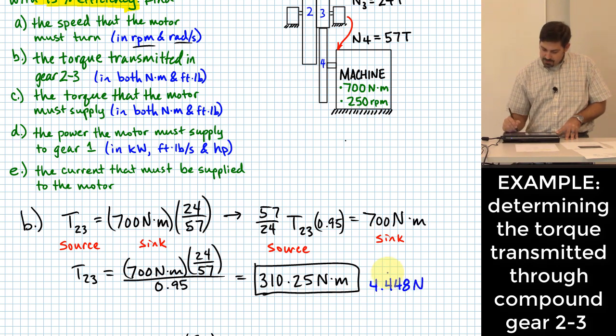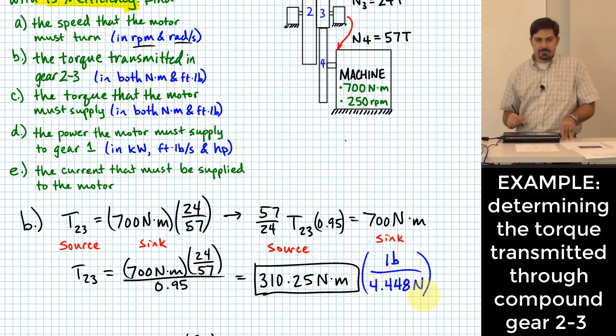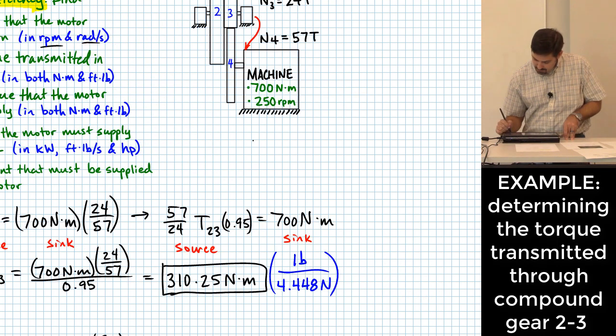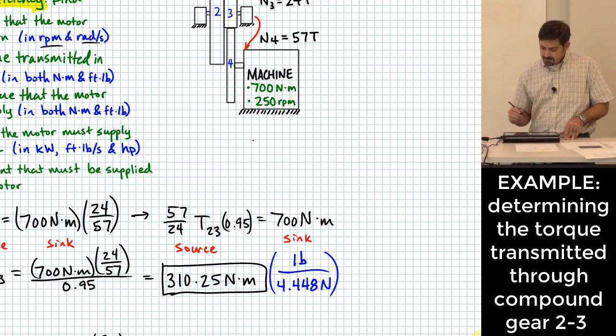That's going to be newtons in a pound. But what else do I need to multiply by here? Okay, one of the things we know is there's 2.54 centimeters in an inch. We might be able to use that somehow, right?